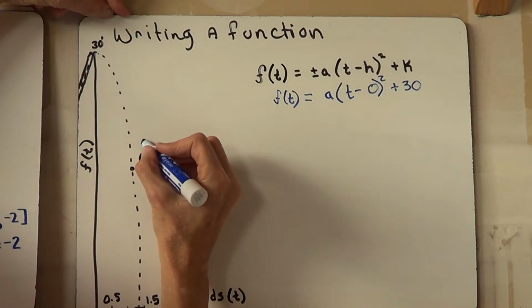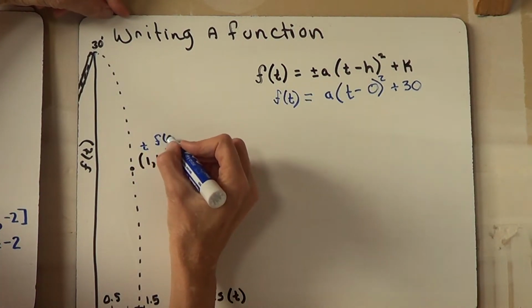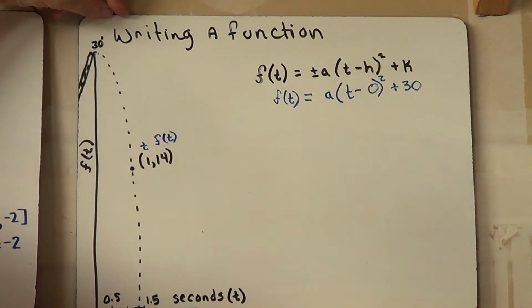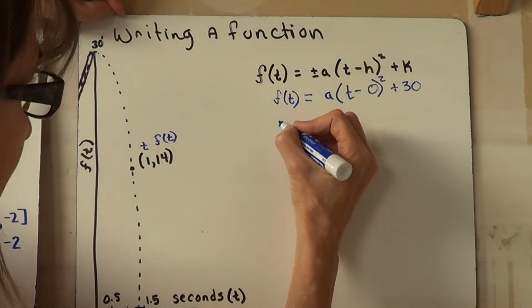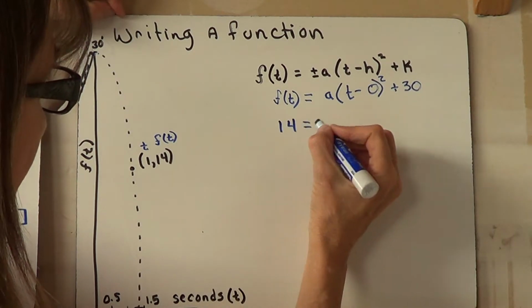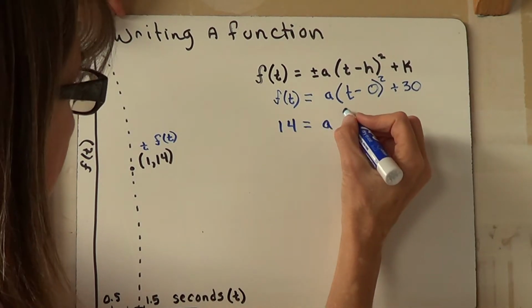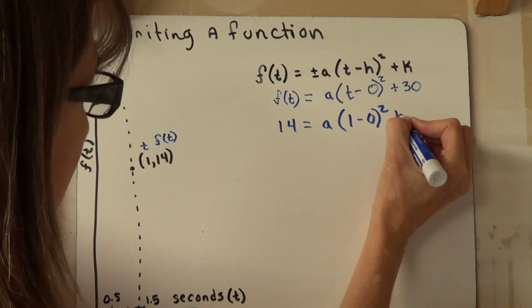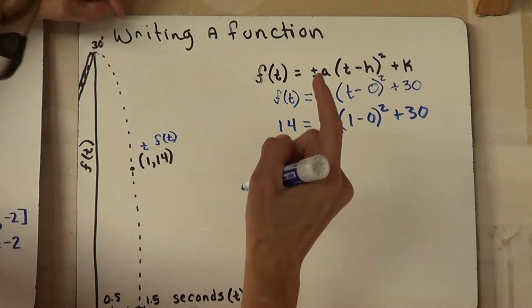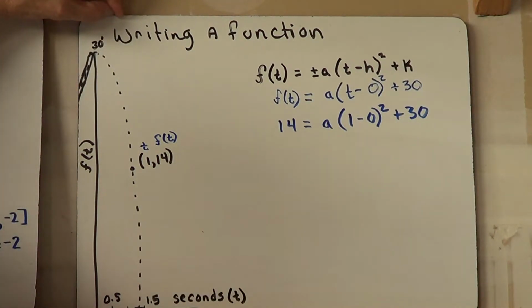Right here, we know a t and an f of t. So we can plug those in. That's why they gave them to us. Always look at a problem and ask, why would they give me that? 14 equals a times 1 minus 0 squared plus 30. If you're guessing, hey, we're solving for a, you're exactly right.